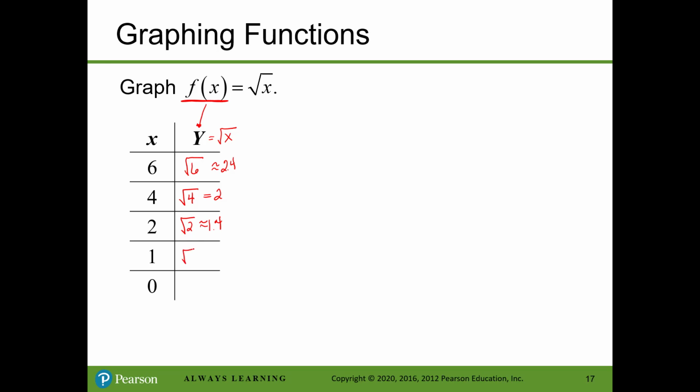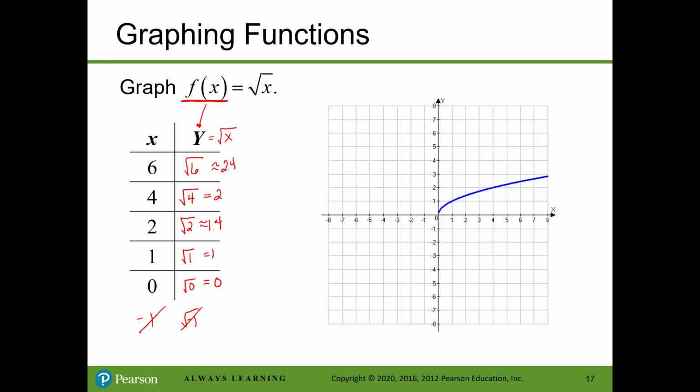You're plugging in the 1, which gives you 1. You're plugging in 0. Yeah, you can take the square root of 0. What is it? That's right, 0. Could I take the square root of a negative 1? Yeah, no. So it doesn't make any sense to plug a negative number in. And when I graph this, this is what my graph looks like. Good? Okay.